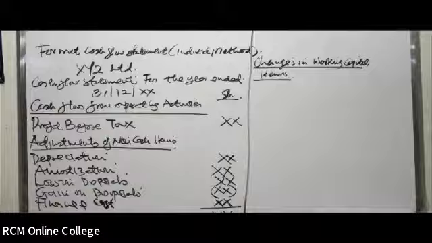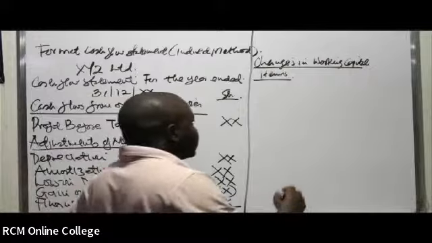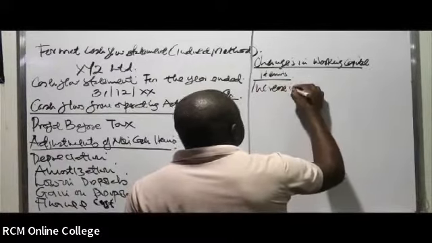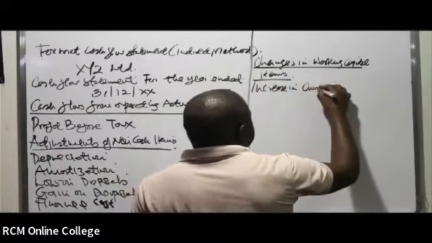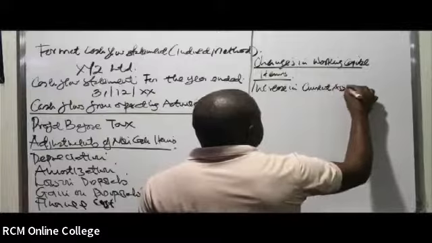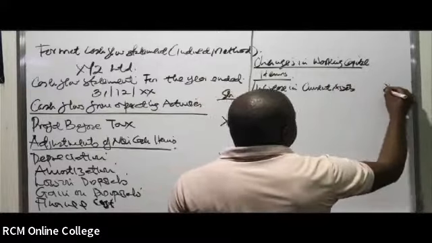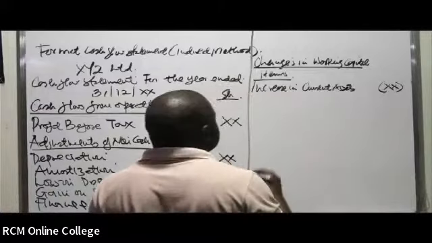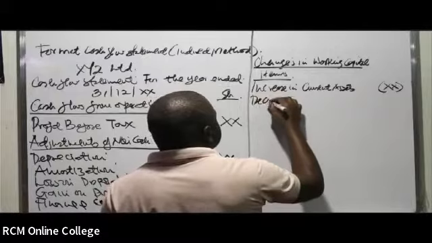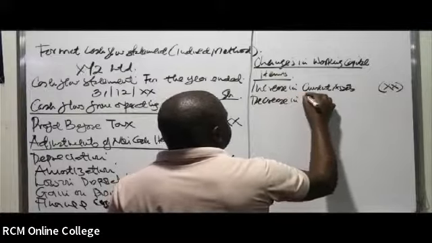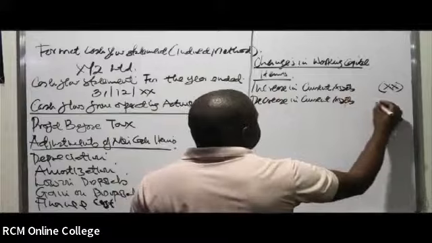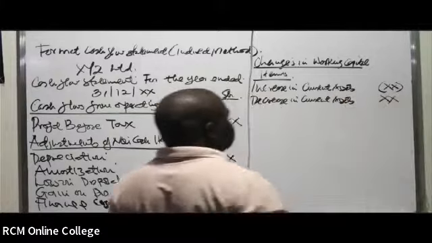So if we have an increase in those current assets, you likely end up having to deduct. Then a decrease in current assets, you likely end up having to add.